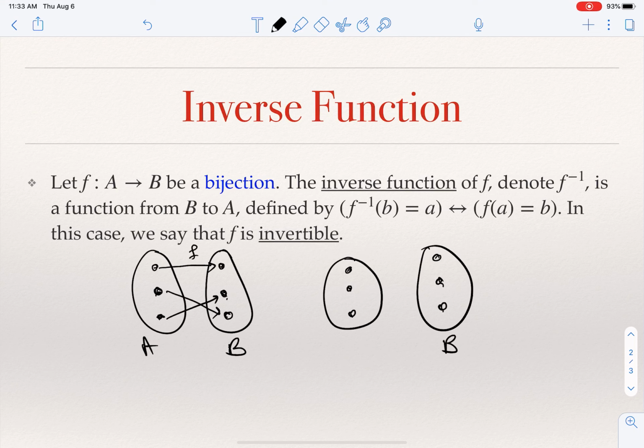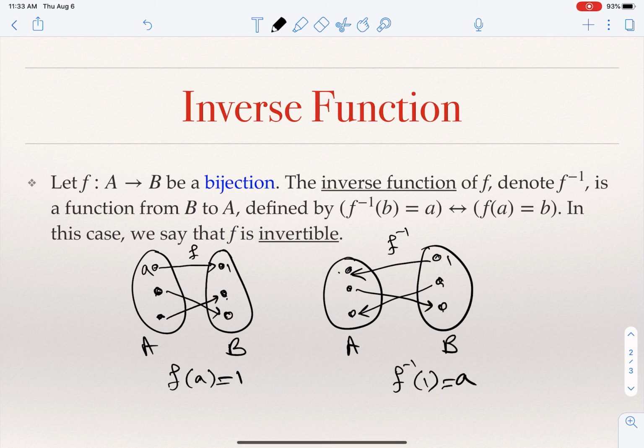So if this is B and this is A, the inverse is this. Okay, so look what happened here. If this element here is a and this is 1, f of a is 1. In this case here, this is the f to the negative 1. f to the negative 1 of 1 is a, right? So this is 1 and this is a.